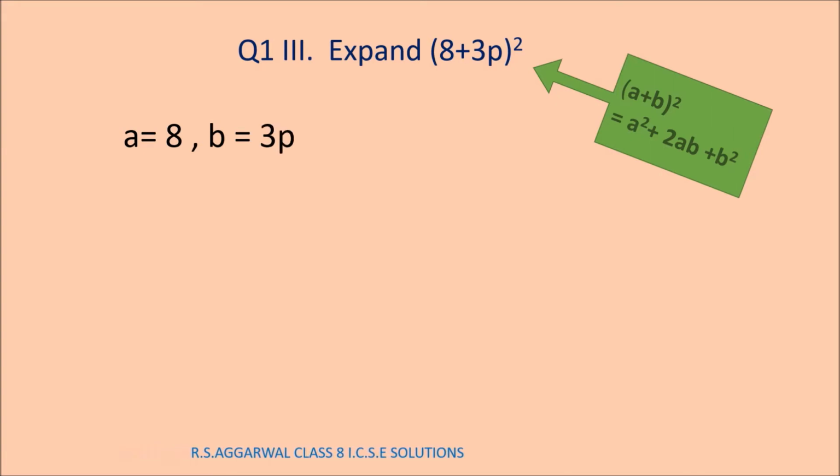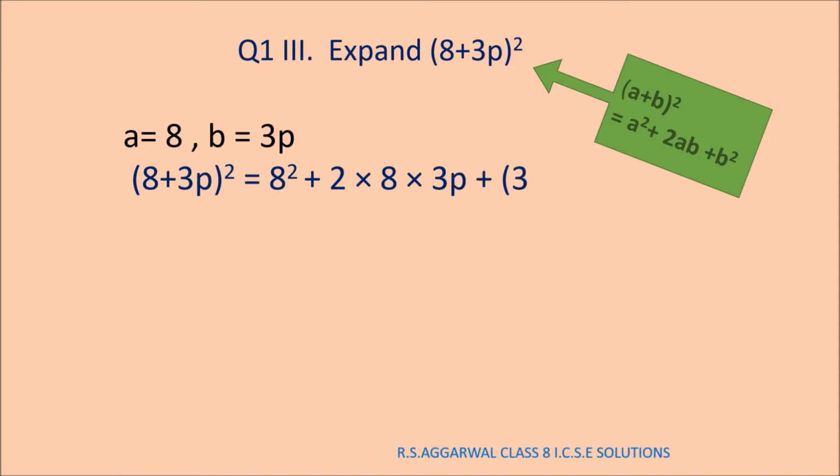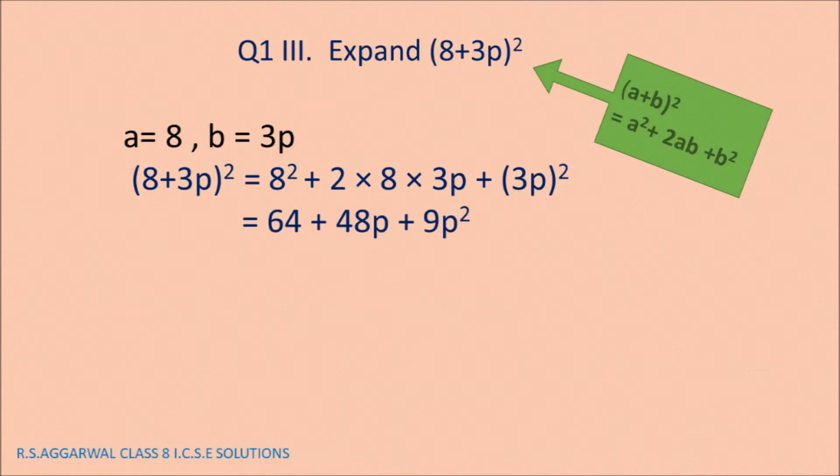In place of a square, we get 8 square. 2ab means 2 into 8 into 3p plus b square, that means 3p the whole square. On further simplifying, we'll get 8 square, which is 64, plus 48p plus 9p square. That's the expansion.